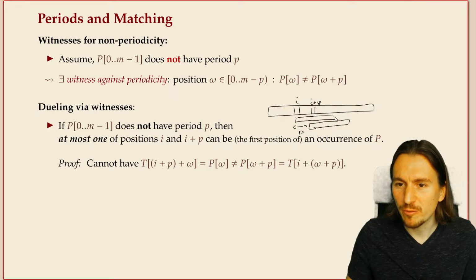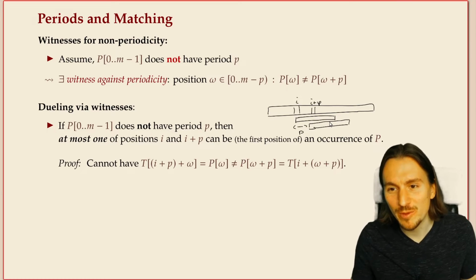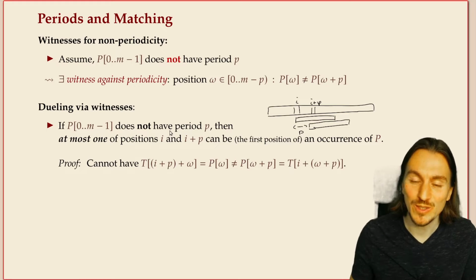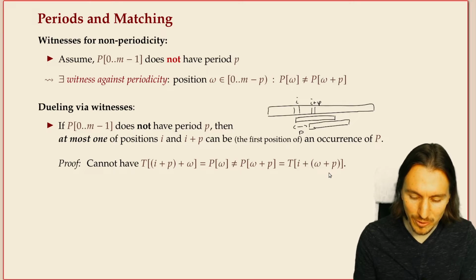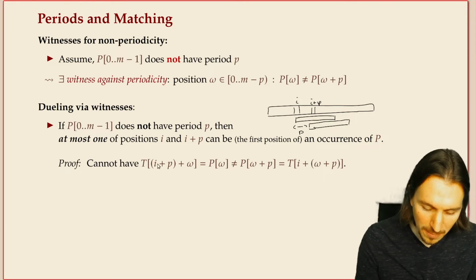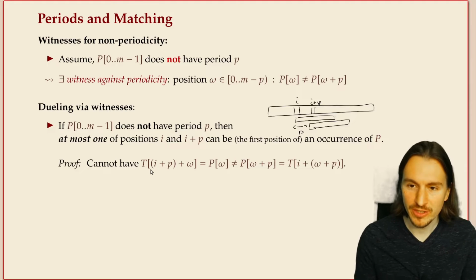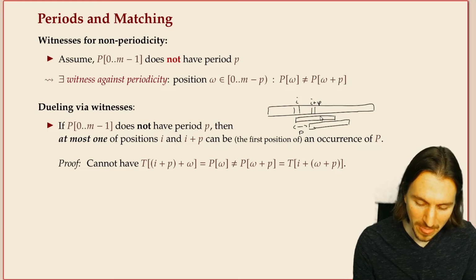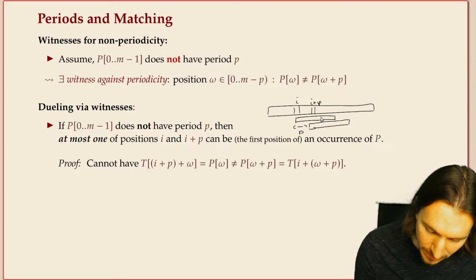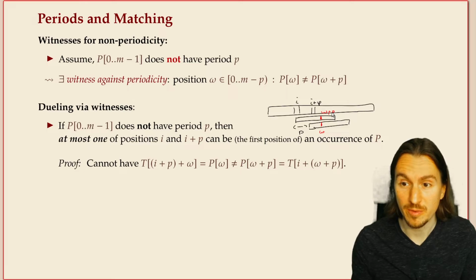Because if both were a match, we would have found p here, and we would have found p another time here, and that would mean these are all the same. That would mean the pattern has this period, but we assume it does not. So, a simple observation again, if you spell out the indices: if you check the second potential occurrence, there is some mismatch at omega, respectively omega plus p, within the pattern.